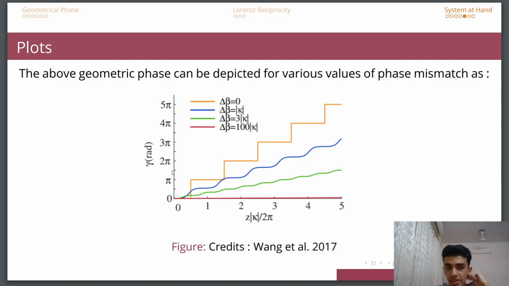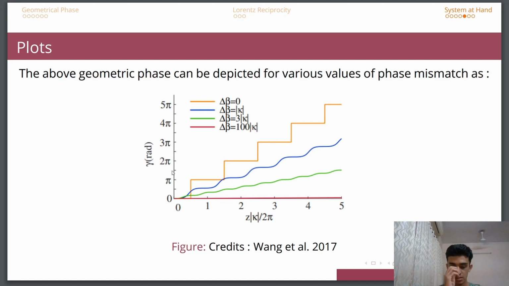So we have maximum phase gaining for delta beta equal to 0. And the other interesting limit is when delta beta is much larger than mod kappa. In this limit, there is no gain of geometrical phase. It's essentially close to the axis, as you can see, the lower almost reddish line. So these two extreme limits are what we are concerned with.